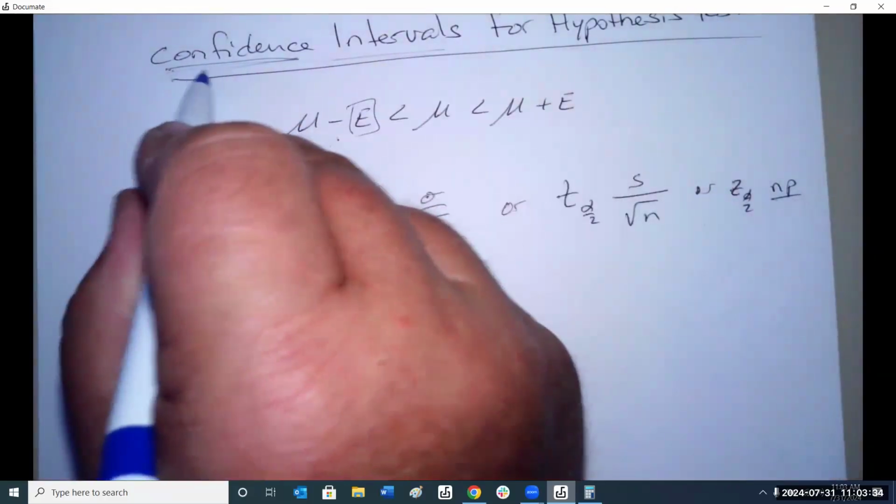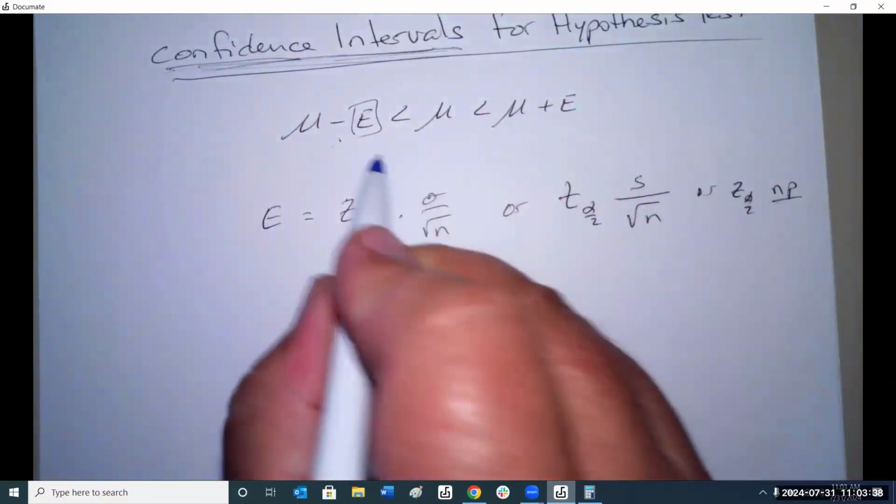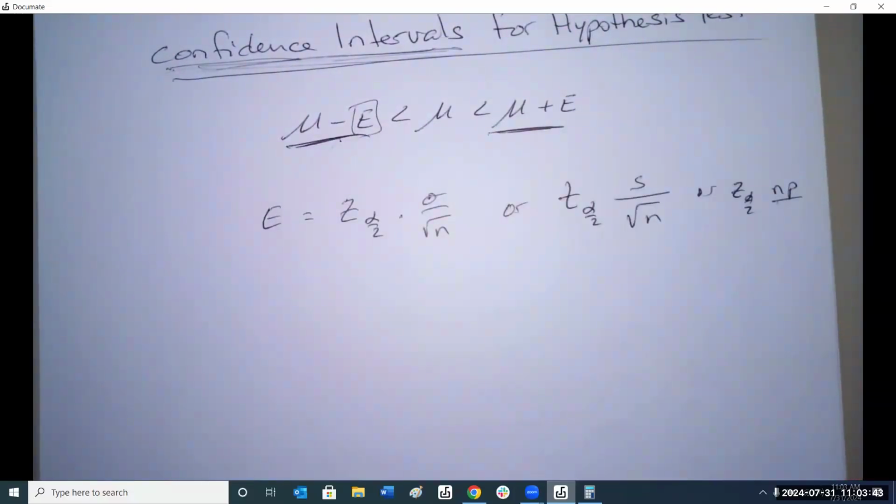So that's how we find the confidence interval. What does the confidence interval consist of? What's between these two numbers? What does that mean to us?